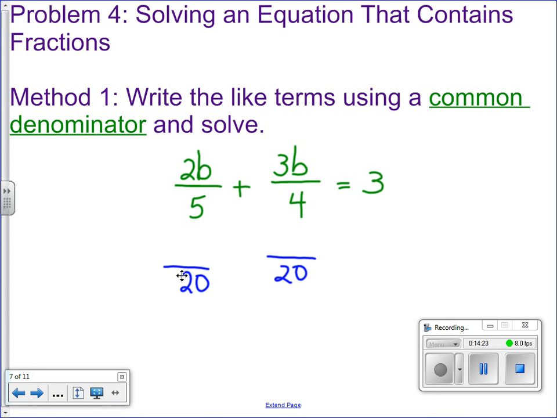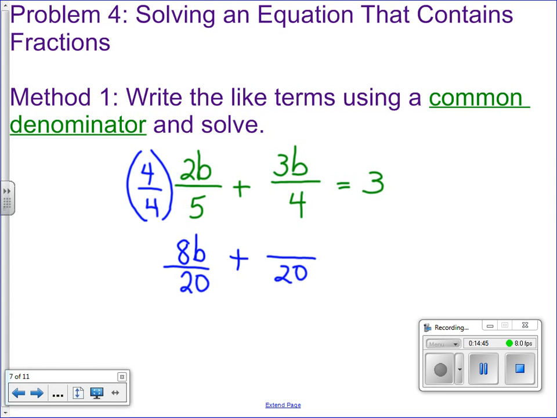Now, what we notice, in order to get 20 in our first fraction, we would have to multiply 2b over 5 by 4 over 4. 4 times 5 gives me 20 on the top. 4 times 2b gives me 8b.